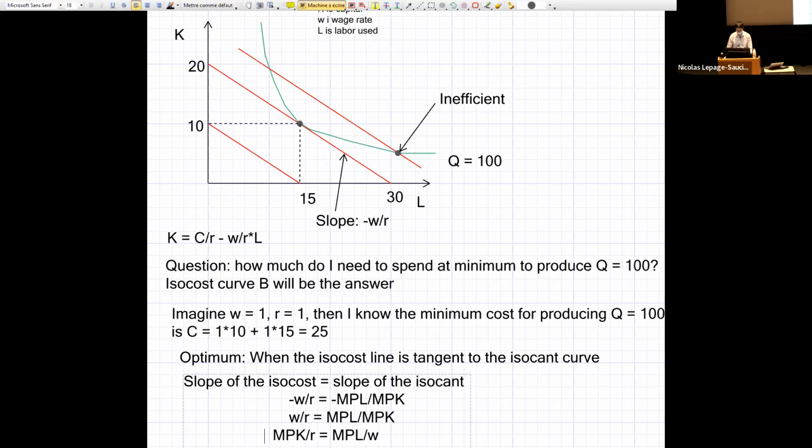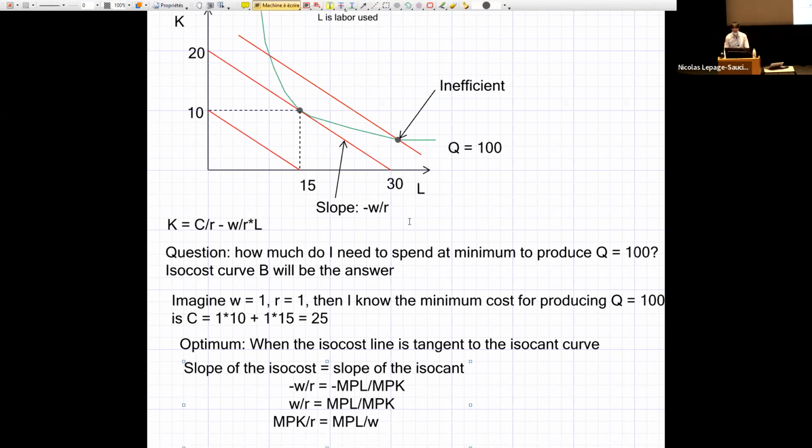These are all saying the same thing. And what this is saying is that at the optimum, if I am to get more labor and less capital, then I should get as much bang as my buck costs me. So that's where the expression comes from. So the economists have invented this expression. No, I'm kidding.